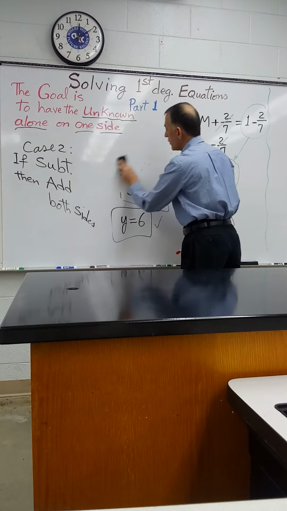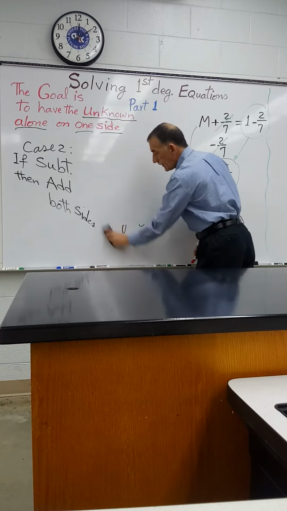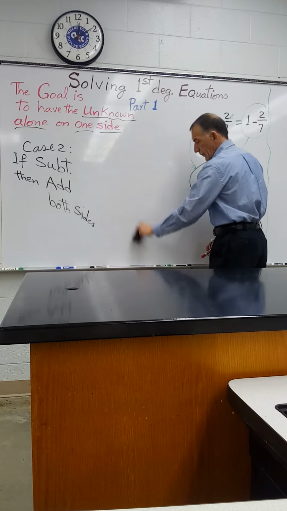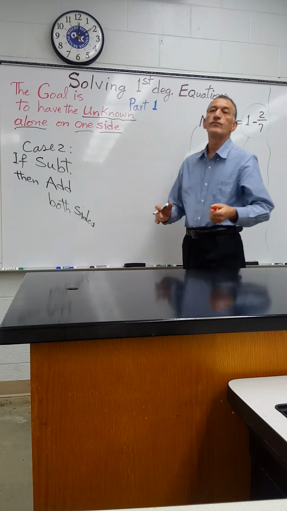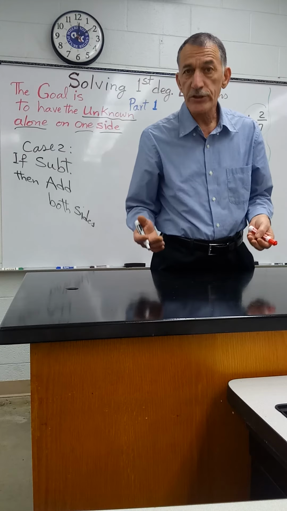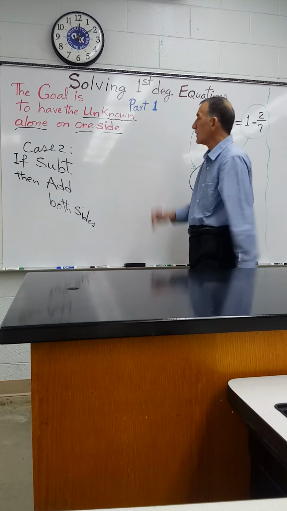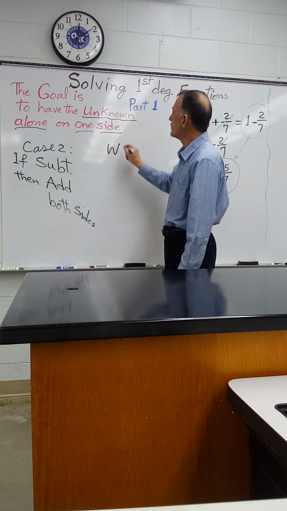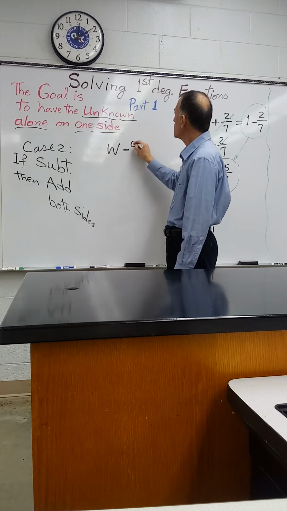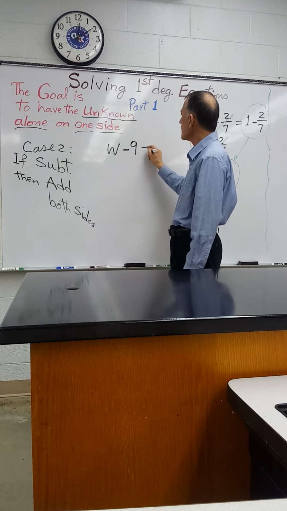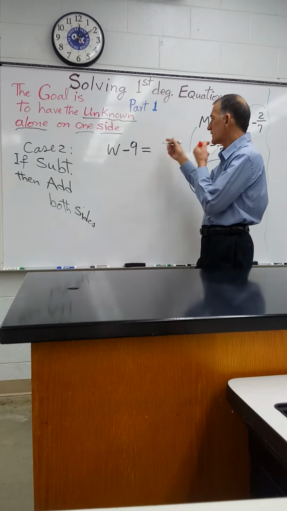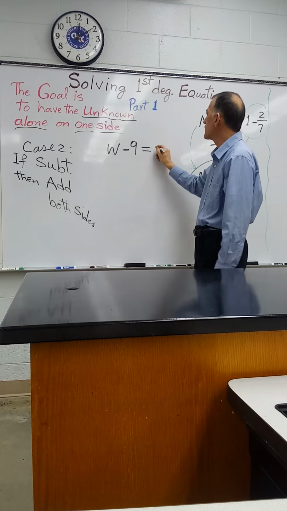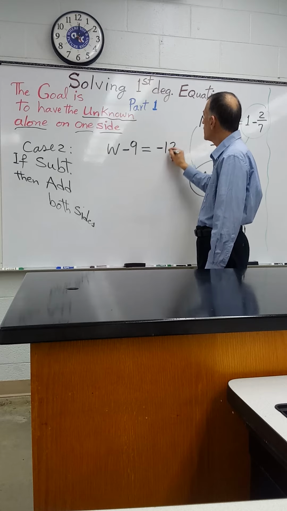And once again, you always look at the side that has the unknown. You look at the side that the unknown is located and see if there is any extra term. If there is any extra term, get rid of it fast. So let's say we have w minus 9 is equal to, let's put a negative here, is equal to negative 12.